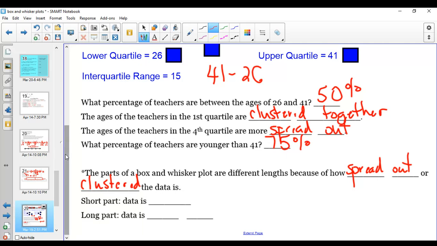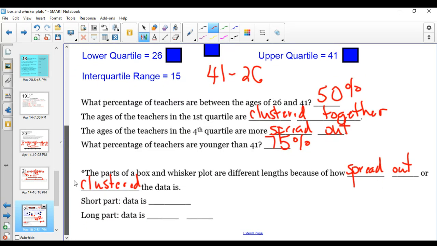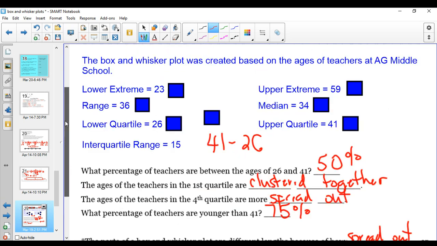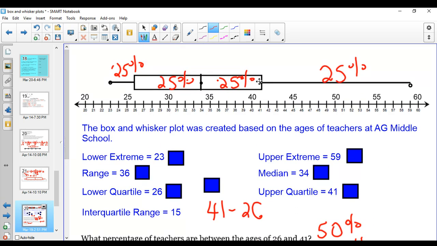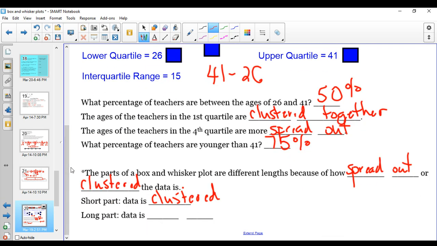So if it's a short part, like the first quartile in this one, we said that means that the data is clustered. So it's very close together. Maybe there are a lot of numbers that repeat. If you have a long quartile, like the fourth quartile in this example, we said that means that the data in that quartile are more spread out.